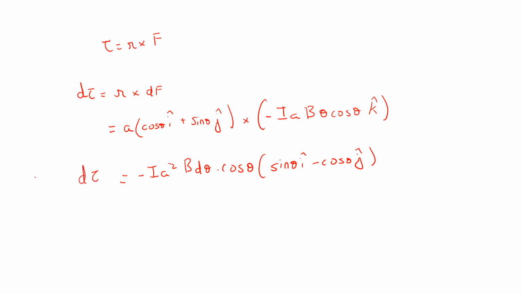If you want to get tau, you have to integrate d tau within the limits 0 to 2 pi. So when we integrate, within the limits we get pi a square I B j.